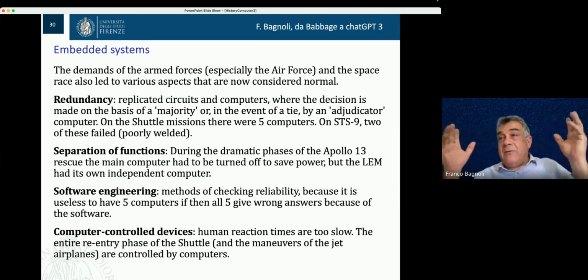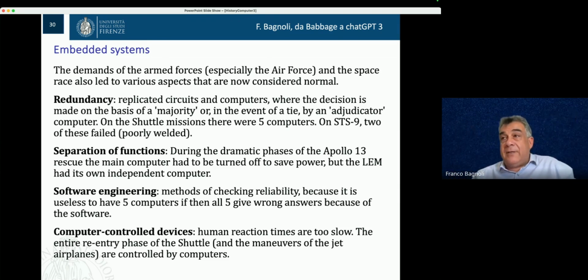It is enough if you are only considering complete failure, but suppose that some cosmic ray has damaged some memory element, so that one computer reads one and another reads zero in that position. Who can you trust? So in general, you use at least three or some odd number, so that even if they give a different answer, you can use a majority rule in order to take a decision.